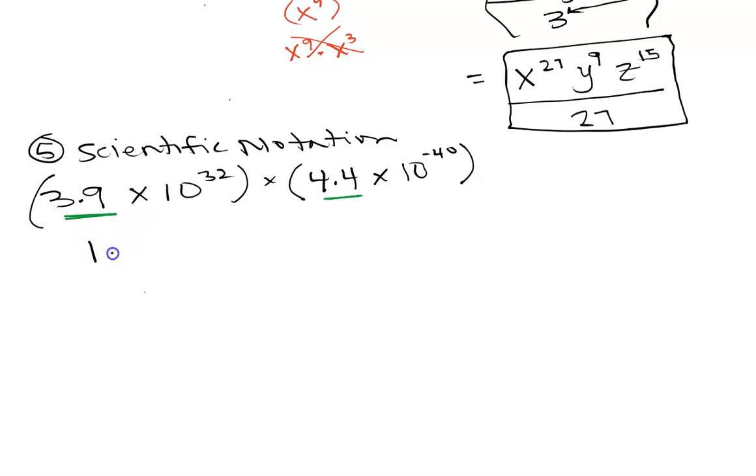And it should be 1.716. Okay, and then we need to look at this 10 to the power, right? So let me just write it out over here. If I have 10 to the 32 times 10 to the negative 40, right?